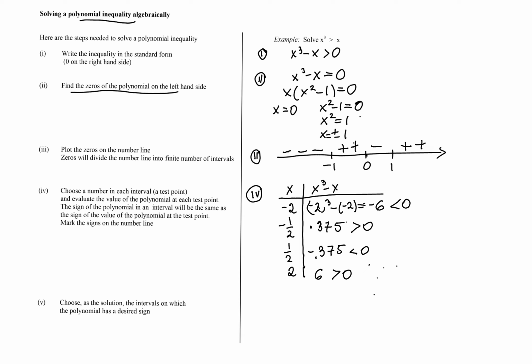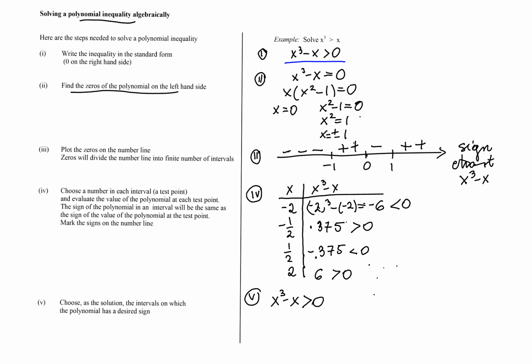What we made in step 3 is the sign chart for the polynomial x cubed minus x. Now, once we have the sign chart, we are ready to write the solution. So what I want is for x cubed minus x to be greater than 0. This was our original inequality in standard form.